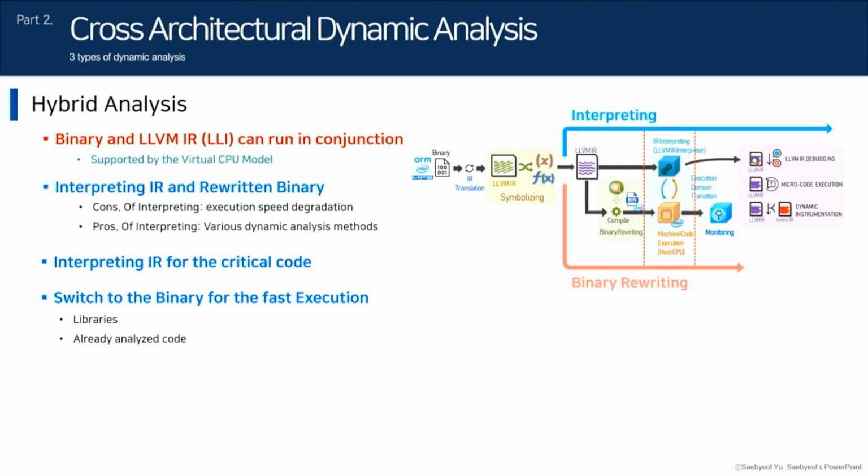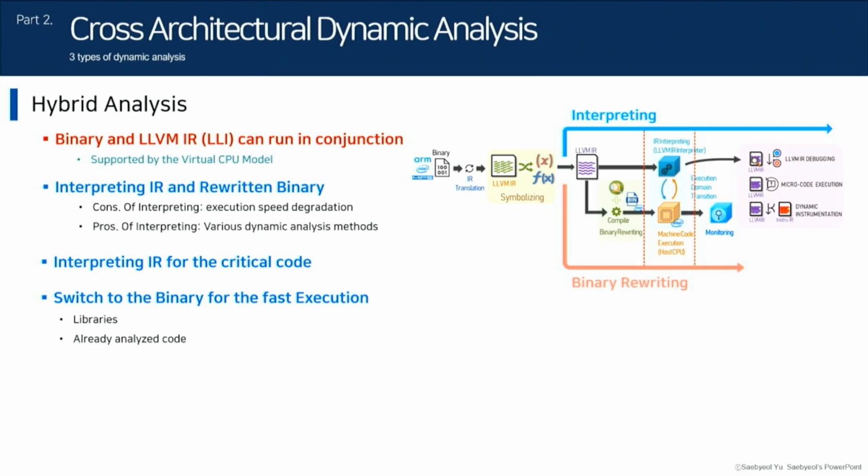With this method, areas of code that require detailed analysis undergo interpreting-based analysis, while library functions and already analyzed code can be executed by switching to the rewritten binary. The feasibility of execution switching between the rewritten binary and the IR interpreter owes to 2 key factors.